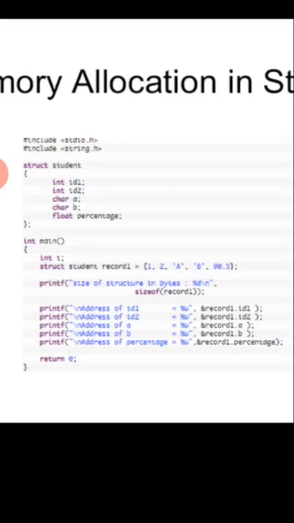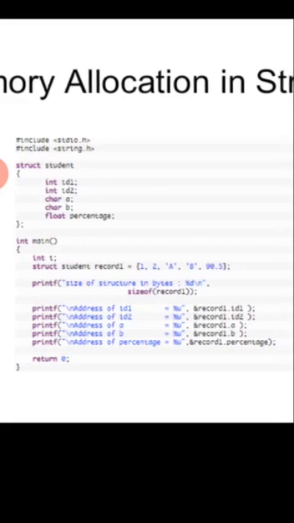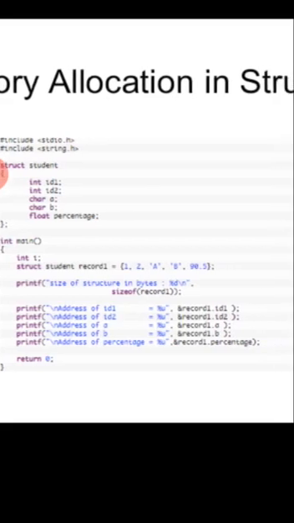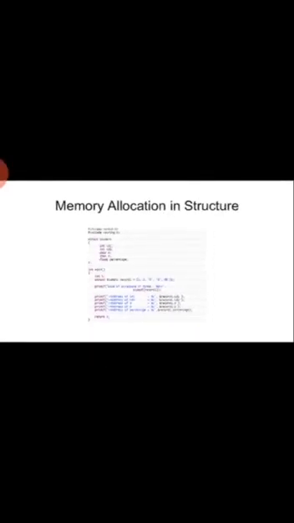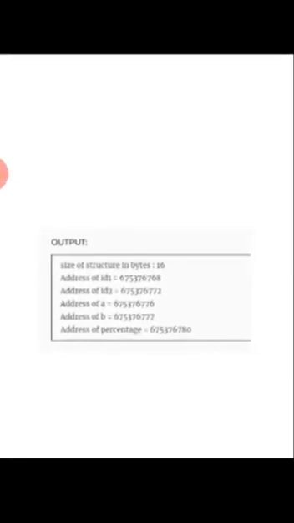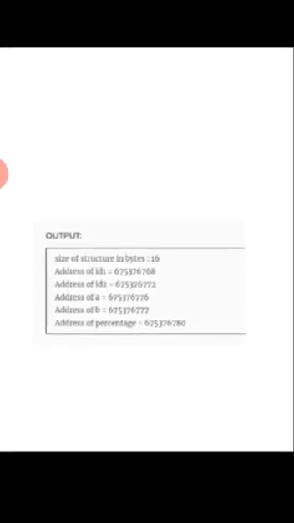First question. Second, now we are going to display the address of id1, id2, a, b, and percentage. Just look at the output. The first is id1, an integer, at 68. The second integer becomes 72, 4 plus 4, continuous memory allocation, as we discussed before the start of the program.